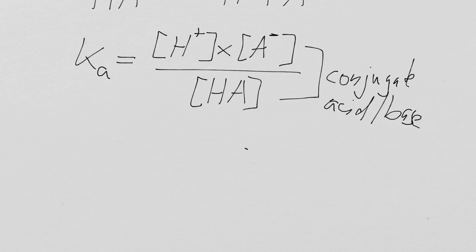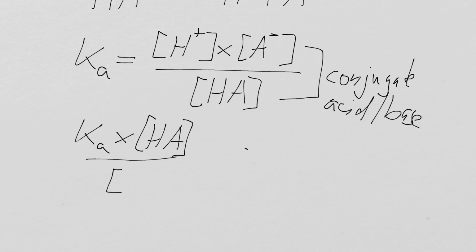So first of all, we bring everything with the H plus to one side and everything that is not H plus to the other side. So we would have Ka times HA divided by A minus on the left-hand side, and that is H plus on the right-hand side.